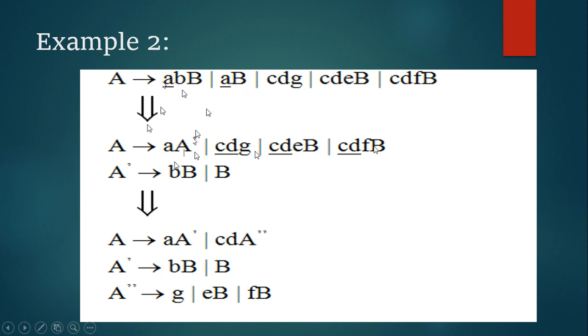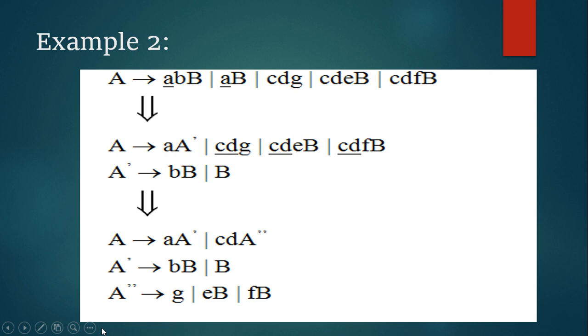Next, here we have written A dash. A dash is B capital B or B, the left out parts of the first two strings. In the remaining three productions, CDG, CDEB, CDFB, CD is a common prefix.